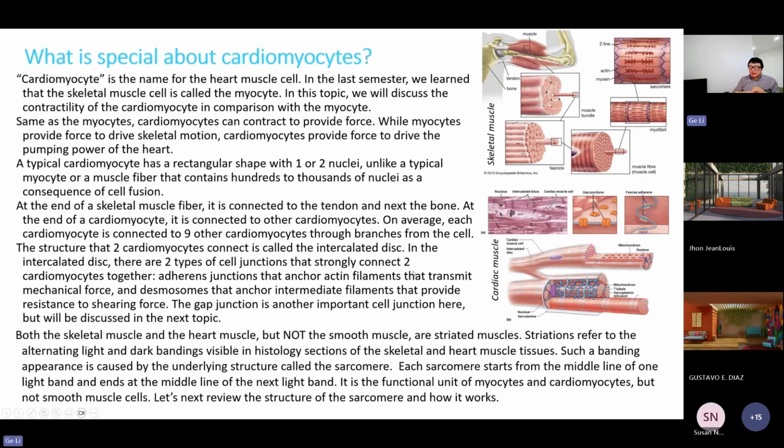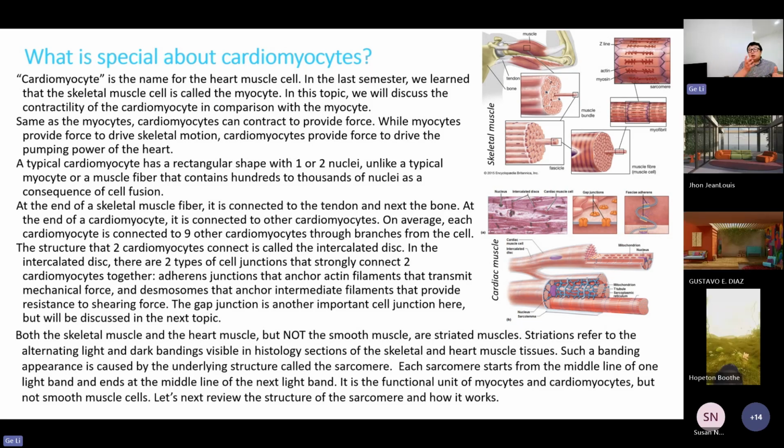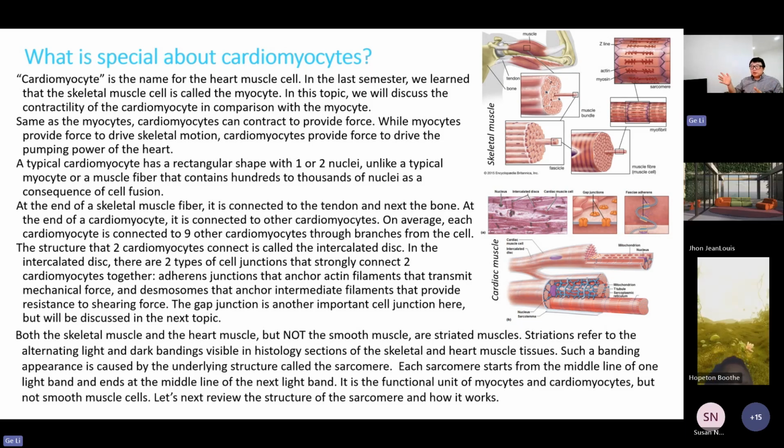Let's go and focus on the cardiomyocytes. When we talk about the cardiomyocytes, we would like to compare them with the skeletal muscles. Both cardiomyocytes, the heart muscles, and the skeletal muscles are muscles. In the lab, we also talked about the third muscle, the smooth muscle. Actually, smooth muscle is not the third muscle.